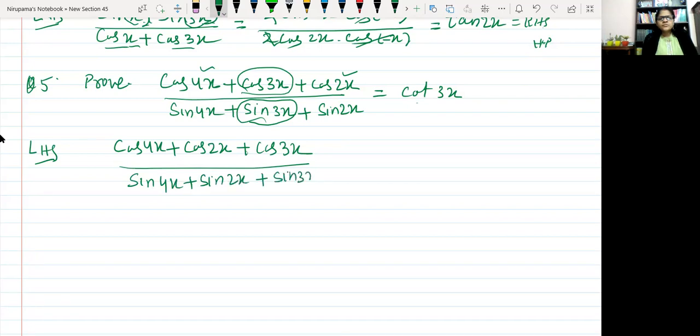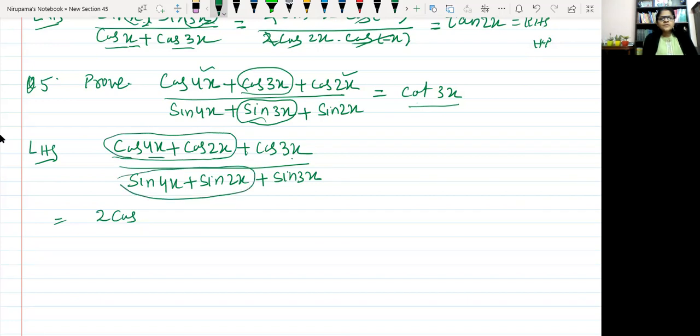So did you understand the reason? 4x plus 2x by 2 is 3x, we have cos 3x here, we can take common, and also we want cot 3x on the right side. Okay, in RHS cot 3x, so cos 3x by sin 3x we want, so we are not disturbing 3x.